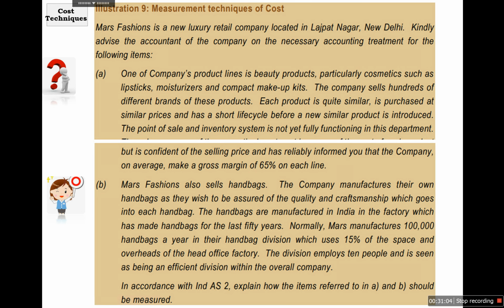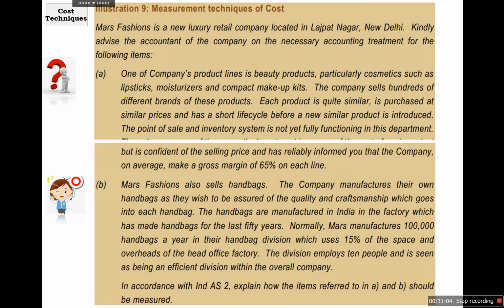And evidence of NRV is based on the most reliable evidence at the reporting date. And post-period events we need to consider if the condition exists at the balance sheet date. And the purpose of inventory matters; NRV depends on the intended use.